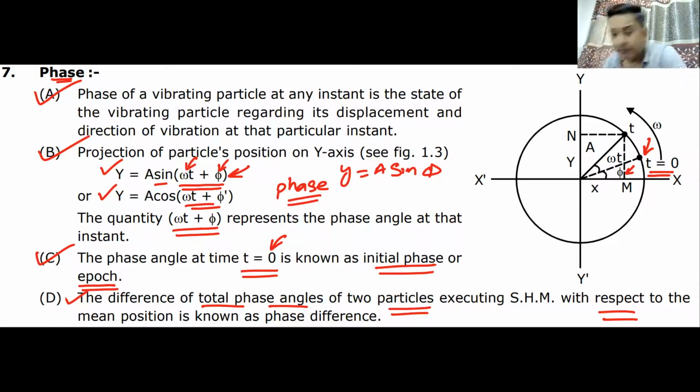Yes, sir. I'll give you a minute to note this down. Anyone has any doubt, please raise up. We have already done this many times in the wave optics chapter. It's a repetition of what we have done, and again it will be repeated in the chapter on wave motion. So everything will keep on going again and again. Do we understand this? I'll give you a minute to note it down.